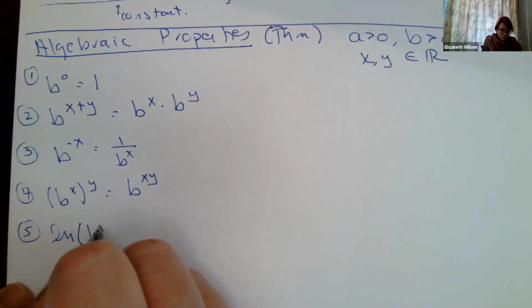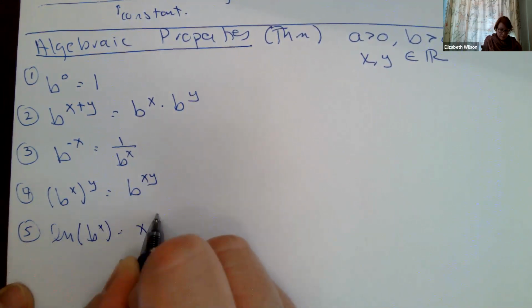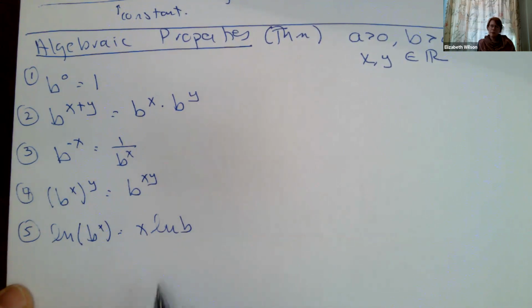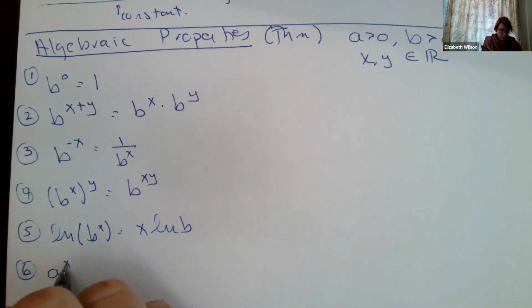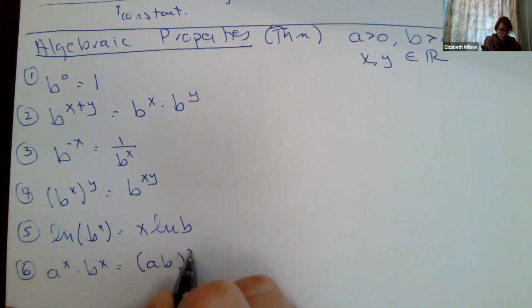ln of b to the x is equal to x ln of b. We talked about this before in our properties of logs, right? This is our exponent property of logs. a to the x times b to the x is equal to a times b raised to the x power.